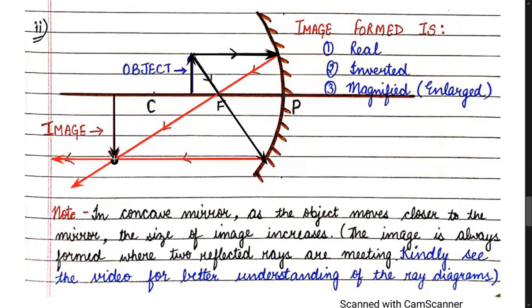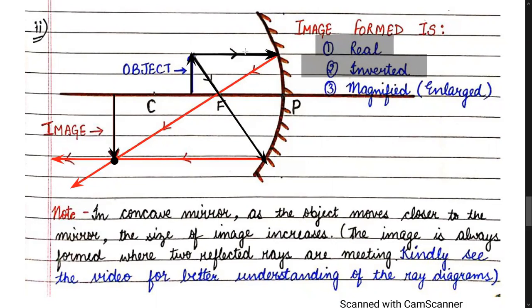So the arrow of the image is downward. So the image formed is upright or inverted? Is it erect or inverted? It is an inverted image. So if the image is inverted, it is always a real image.